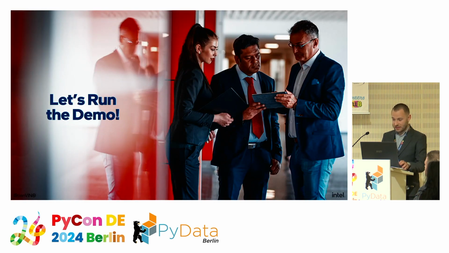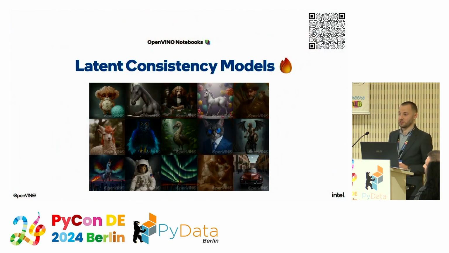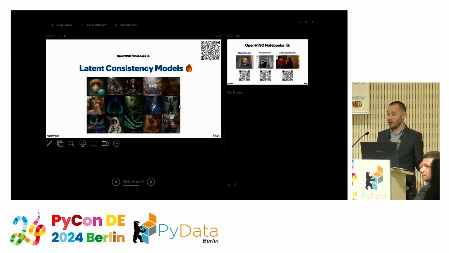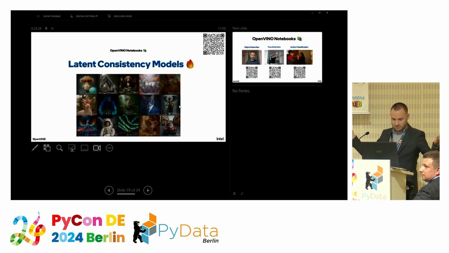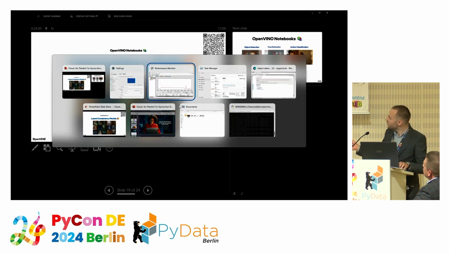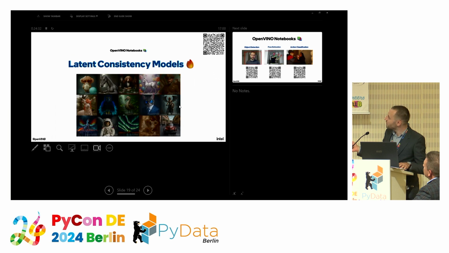Yeah, perfect. So what we showed you was a latent consistency model. That was what Dima was showing. If you would like to try at home, as I said, you don't have to have this specific laptop. You can scan this QR code and try at home. Why is it duplicated right now?